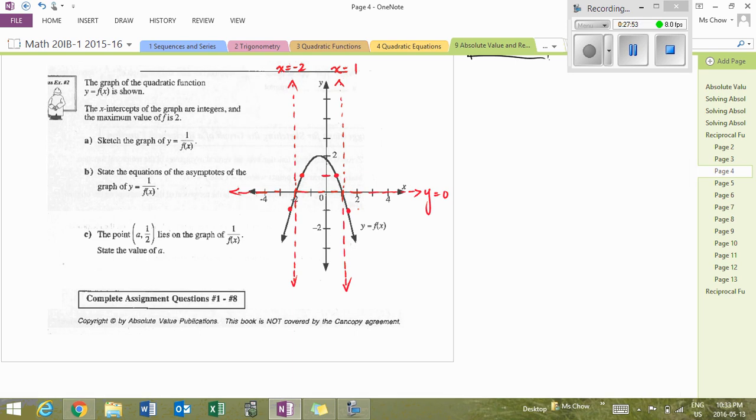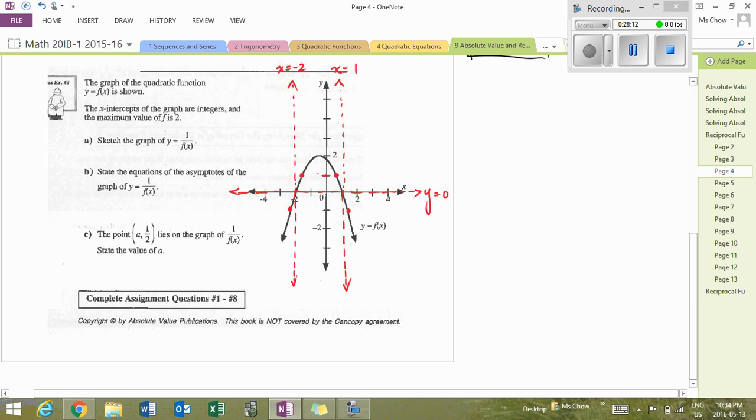What other piece of information is going to be helpful for me? I can actually gather 2 pieces of information. One is they've given us the max point, which is 2. Remember, we're not changing the x value, it's only the reciprocal of the y value.